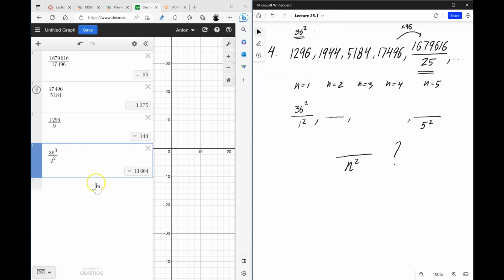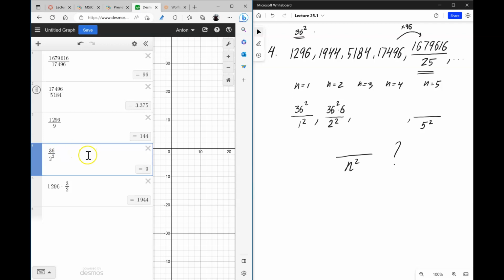Is that right? So 1296 times 3 over 2. That's what we get, right? So we get 36 squared times 6 over 2 squared. That should be right.